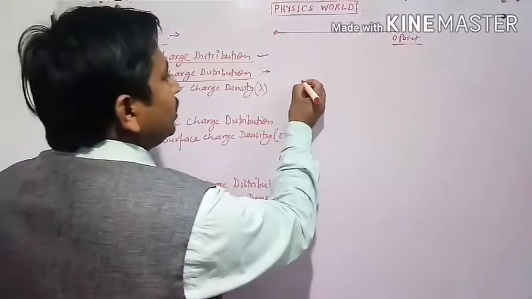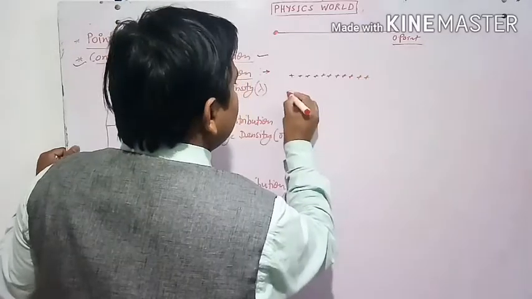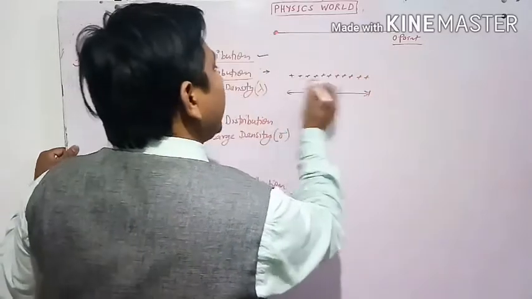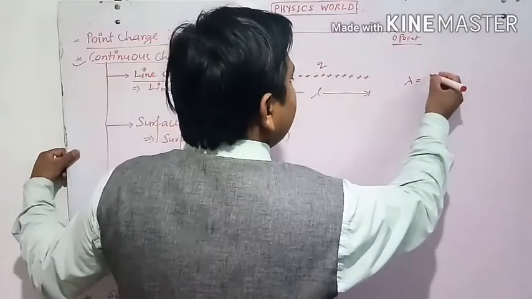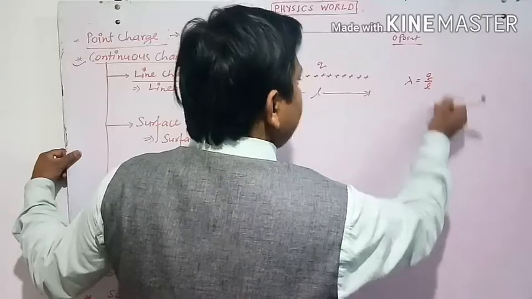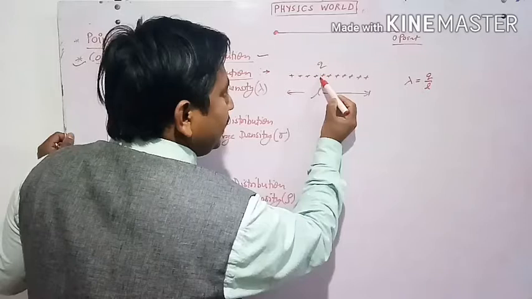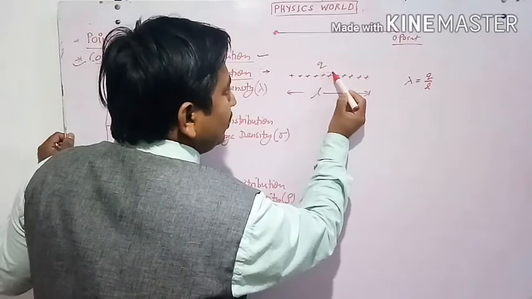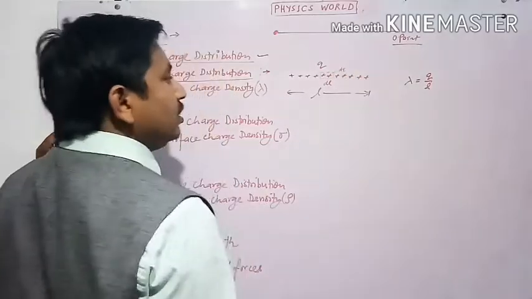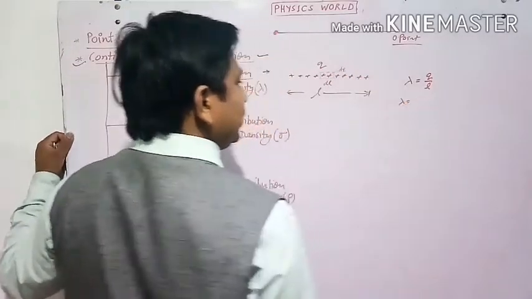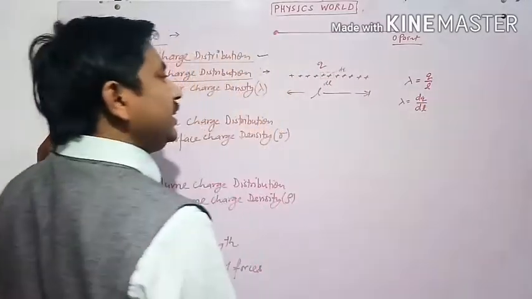Suppose that we have a line whose length is L and the total charge present on this line is Q. Then the linear charge density lambda is expressed as Q by L. Also, if a small length dl contains a small charge dq, then lambda can also be expressed as dq by dl.